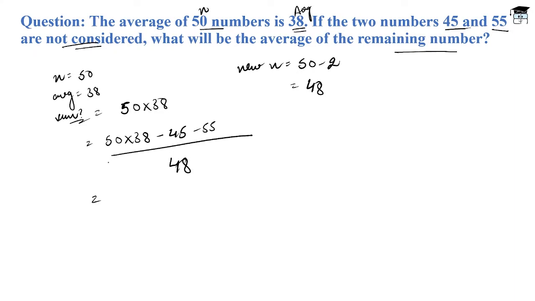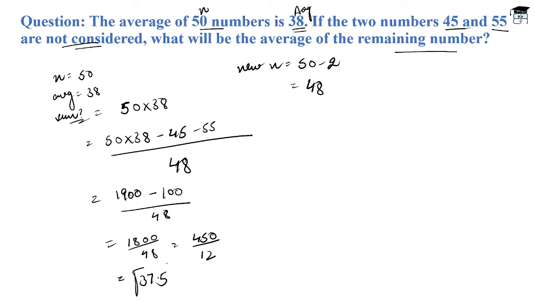So 50 into 38 is 1900, minus 45 minus 55 is 100, which is 1800, divided by 48. So just pause the video, do the calculations, and you will get the answer. 1800 divided by 48, which you will reduce. 48 is equal to 450 divided by 12, and you'll do the calculations, and then you'll get the answer as 37.5.